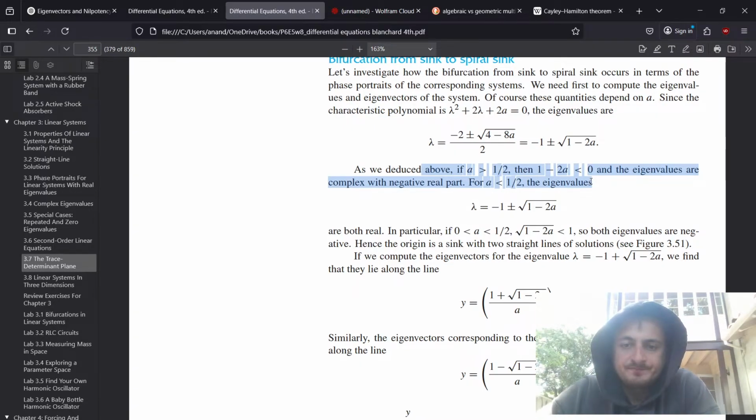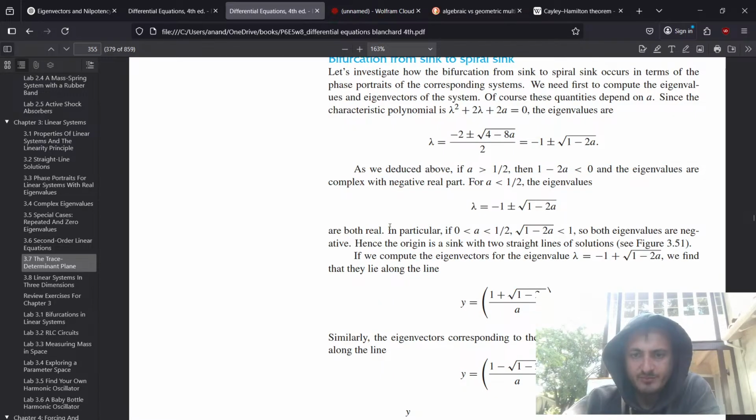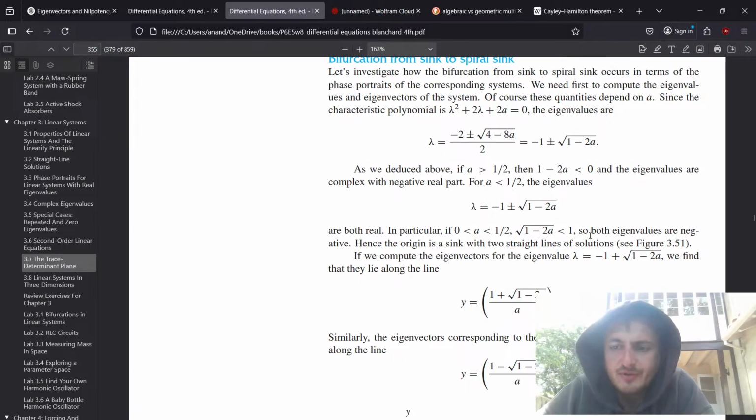spiral sink. If A is less than 1/2, then we have two real eigenvalues, and this is going to be less than 1, so both are negative.